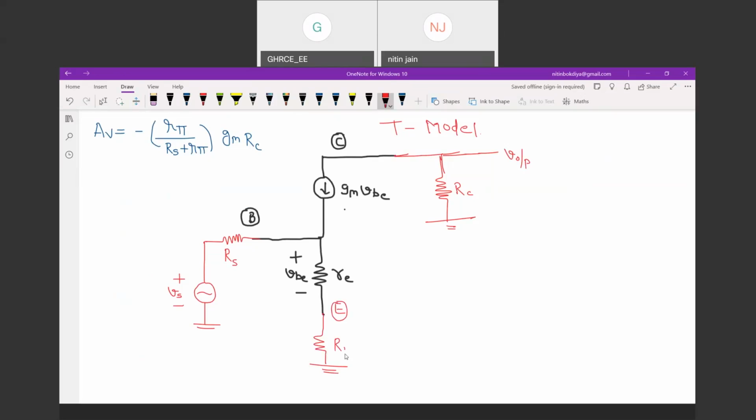So this is my total circuit, है ना? This is total circuit for common emitter with emitter resistor. चलो अब कैलकुलेट करते हैं.